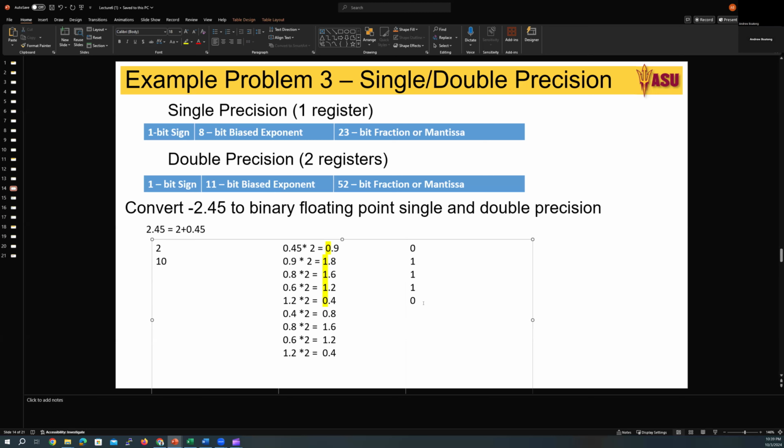As you see, it's going to keep going. So we're going to keep 0, we're going to keep 1, we're going to keep 1, we're going to keep 0. Some of you may not have realized this, but I have observed a pattern. I'm trying to highlight these in yellow so that we know where we got this part of the numbers from. Usually you would continue this until you get 0.0, and you can continue the multiplication.